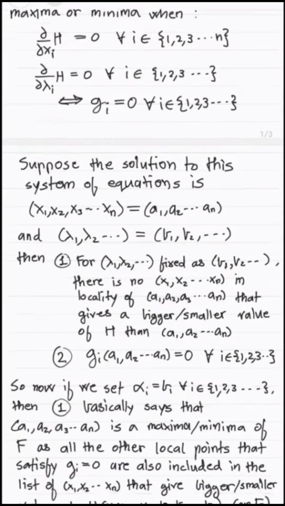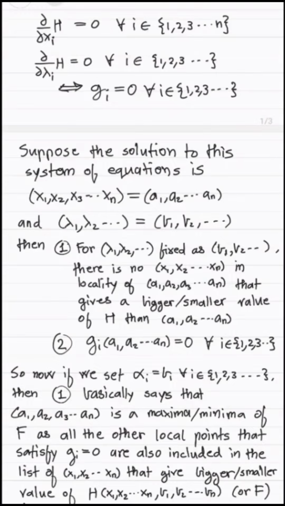So that means this ordered set is actually the minima, right? So this capital H, under this restriction that lambda 1, lambda 3, these things are constants, has our minima or maxima being this a1, a2 till an, right?